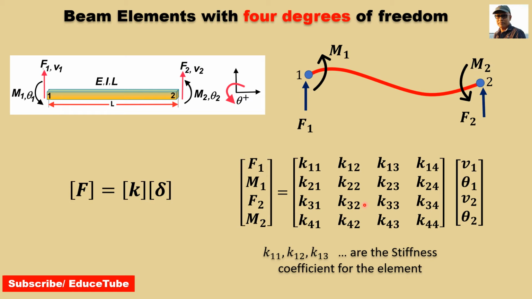Now, here we can see all the forces, we can say it is a force vector. F1, M1, F2, M2. Force vector. This is the displacement vector. And these two are related by the stiffness matrix. And it is a 4 by 4 stiffness matrix. Now, our target will be to generate this, what will be the values for all these stiffness coefficients.